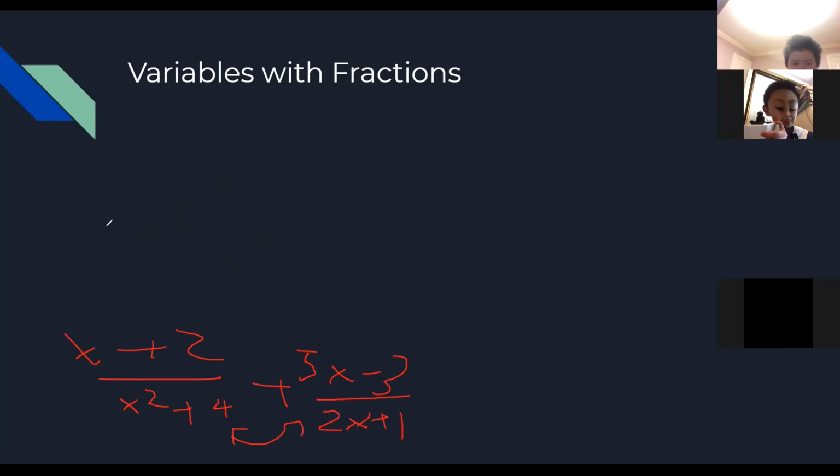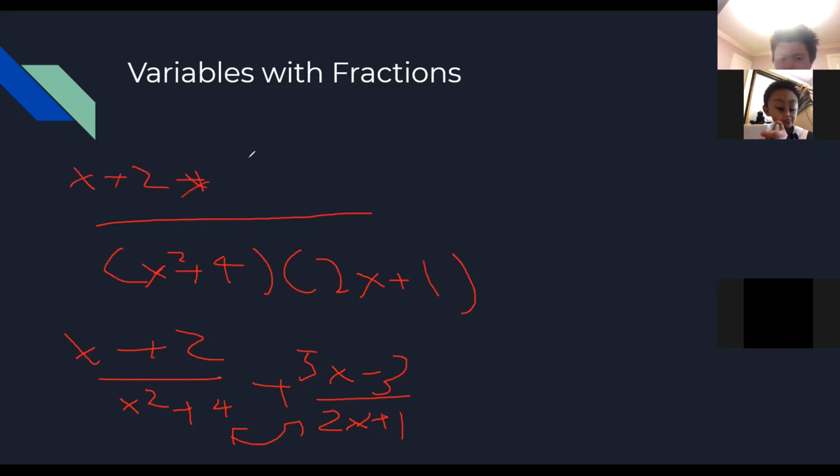So we have the lowest common multiple of these two in order to add the fractions together, which is x squared plus 4 times 2x plus 1, and we multiply x plus 2 times the lowest common multiple divided by its own denominator, which is this.